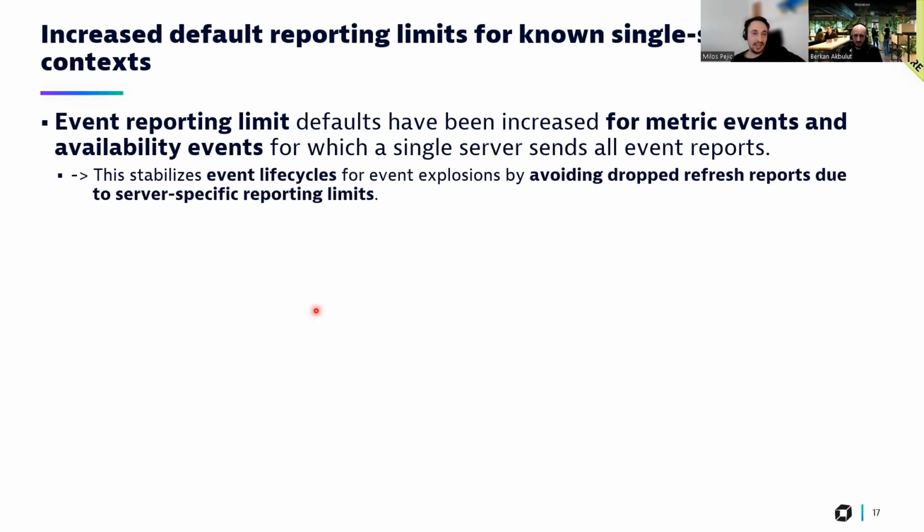Okay, this is more of an internal note. What was done here, the event reporting limit was increased for cluster servers, and cluster servers in this case indicate our internal Dynatrace cluster servers, which make the SaaS solution work. Yes, here the event reporting limit was increased.